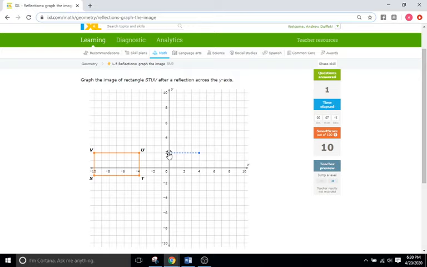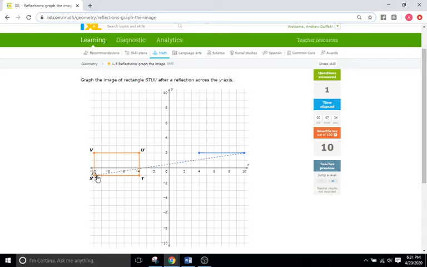So if V is 10 units away from the line of reflection, we know that V prime also has to be 10 units after our line of reflection right here. If we start at 0, 10 plus 0 is just 10, so we know it has to be at 10 right here, okay? And so let's use that method for the other 2 points as well.